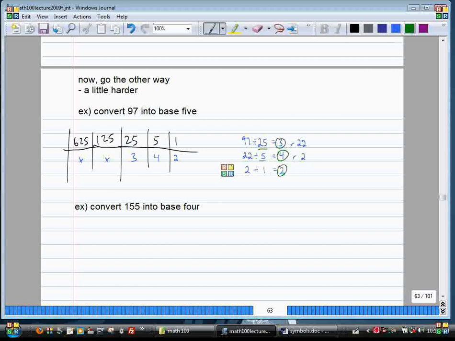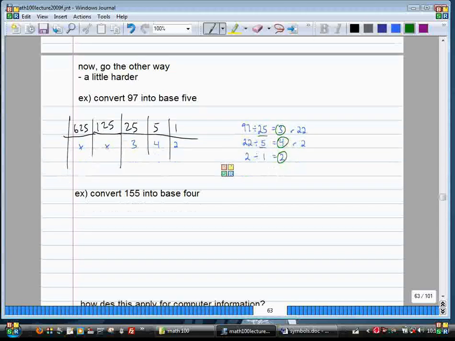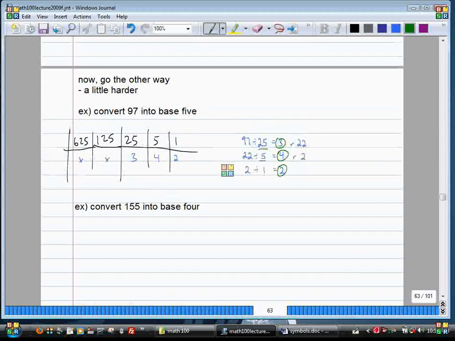So how should we do converting 155 into base 4? Should we do it together, or you guys want to crack? Let's try it. No, I want to do that. Okay. All right. So you can race ahead, and I'll do it very slowly here. So what's the first thing we need to do? Right.